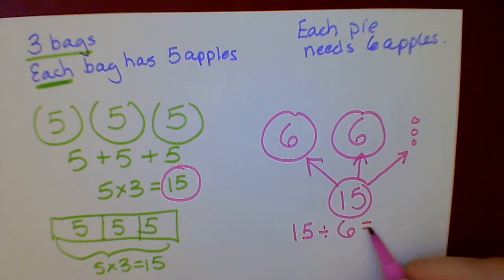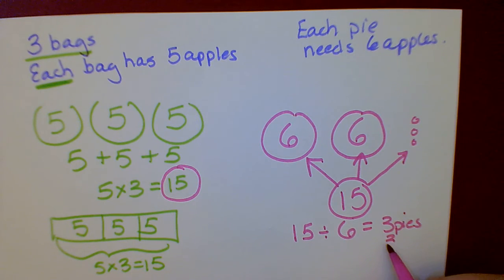And we ended up with 2 pies and 3 apples left over. And those 3 apples are the remainder. And again, I'm going to do another video about remainders, but for this one where we have 2 pies and 3 apples, what we're going to end up doing is we're going to save those apples and have them for lunch one day or something like that.